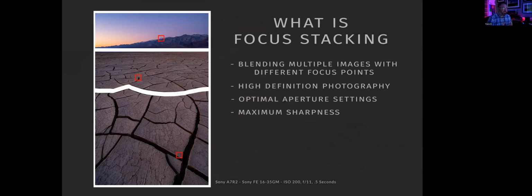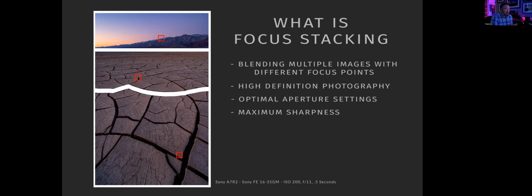Boiled down to the basics, it is blending multiple images that you shoot from a tripod, because you don't want anything to move, with different focus points throughout your scene for creating high definition photography. It's not high dynamic range, although it can be, but it is all about high definition, with optimal aperture settings being used in the camera to create the maximum sharpness.